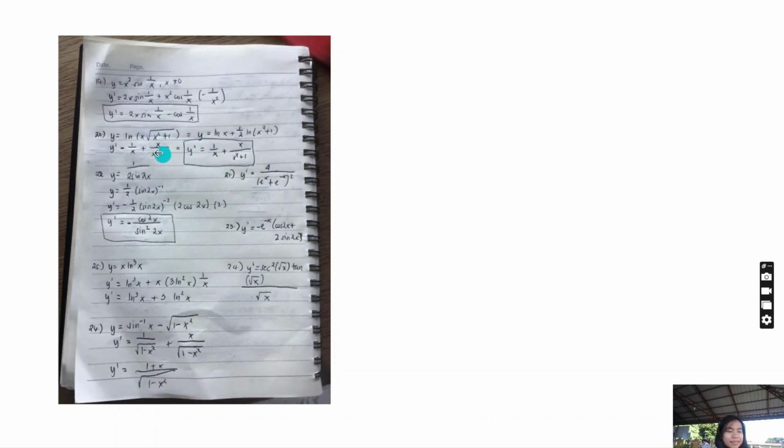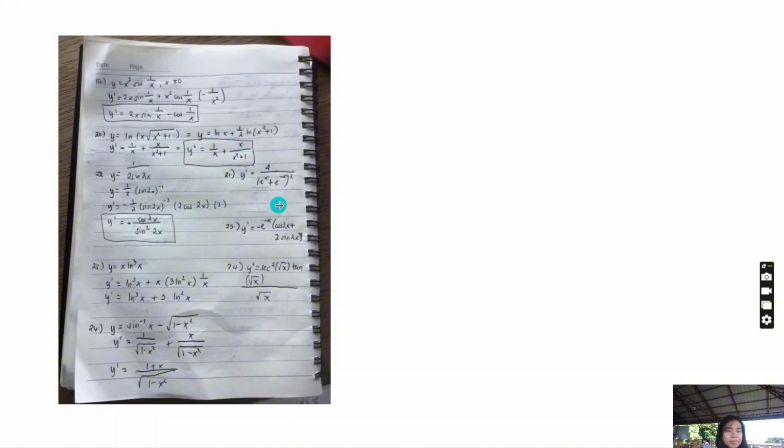So now we can obtain y prime equals 1 over x plus x over x squared plus 1. Since the derivative of ln x is 1 over x, and then this second one is x over x squared plus 1. And then we have obtained the answer for number 20.